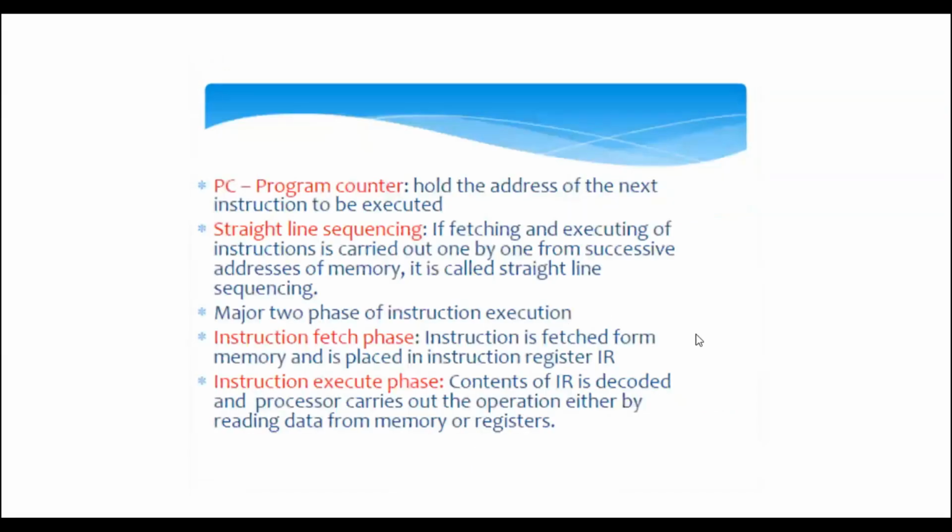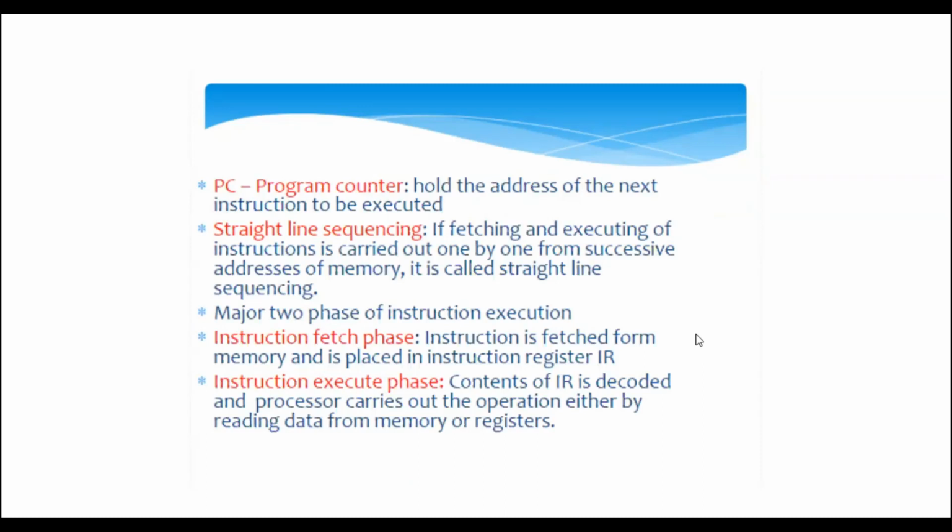The PC or program counter holds the address of the next instruction to be executed. If fetching and executing of instructions is carried out one by one from successive addresses of memory, it is called straight line sequencing.